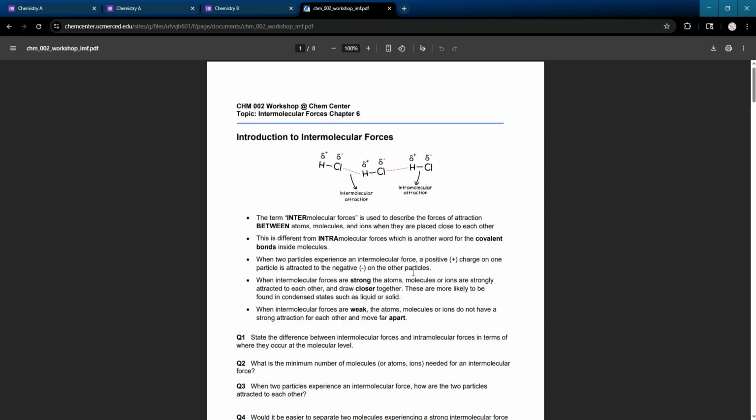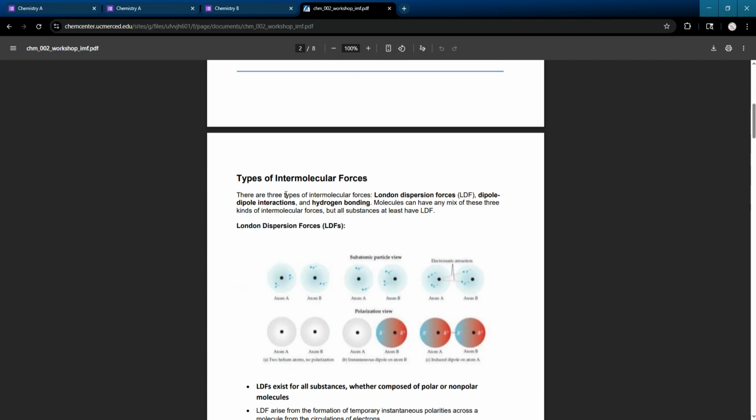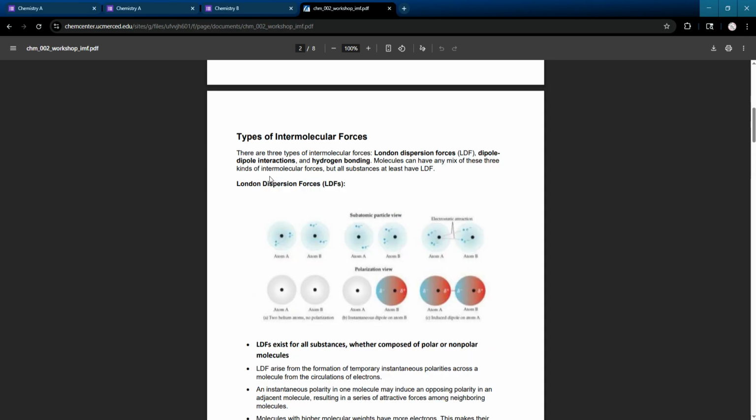Positive and negative. Yeah, so types of, this was literally our question, types of intermolecular forces. So these three are the most common ones.